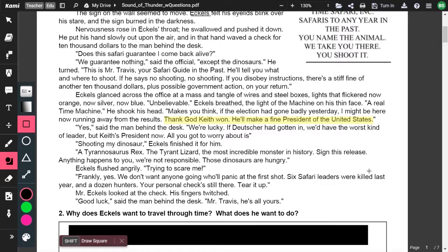Really makes you think. If the election had gone badly yesterday, I might be here running away from the results trying to change it. Thank God Keith won. He'll make the fine President of the United States. Yes, said the man behind the desk, we're lucky. If Dutcher had gotten in, we'd have the worst kind of leader, but Keith is our president now.